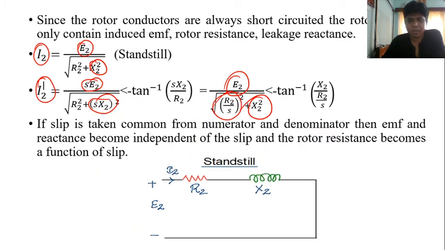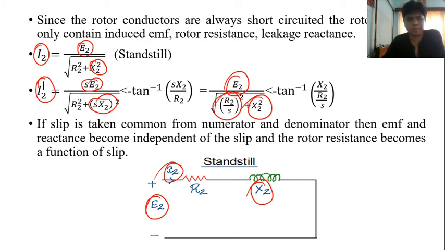Now this is the circuit diagram of the standstill condition of the induction motor. Here the induced EMF is represented by E2, then the leakage reactance, and this is called the rotor current. In case of standstill conditions, there is no role of slip.